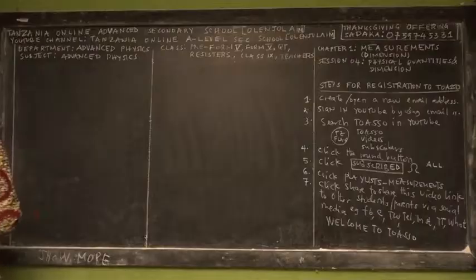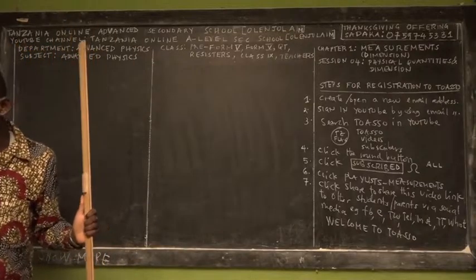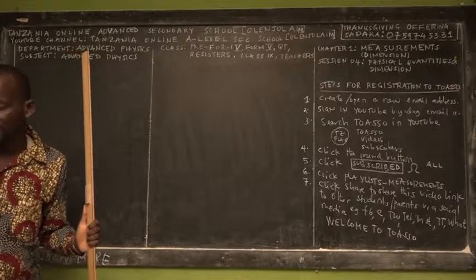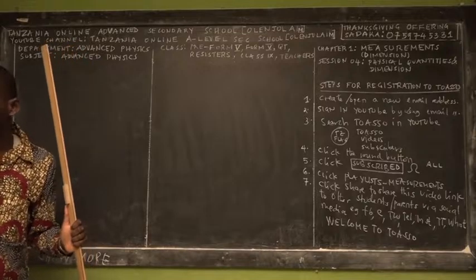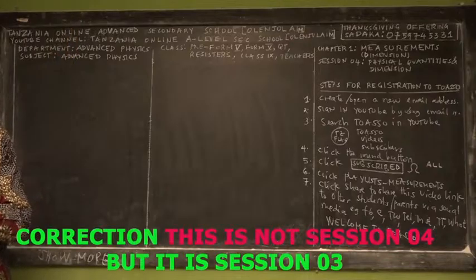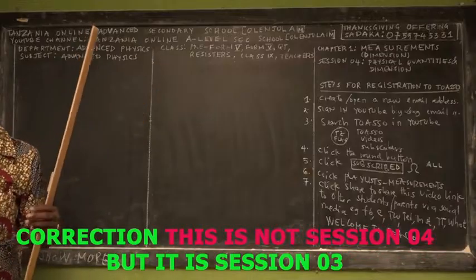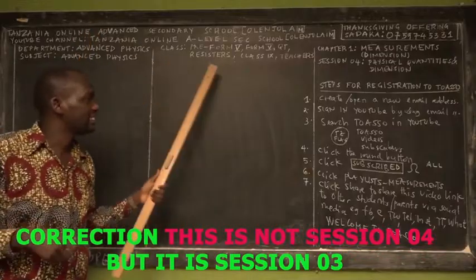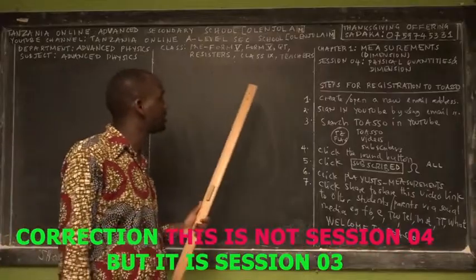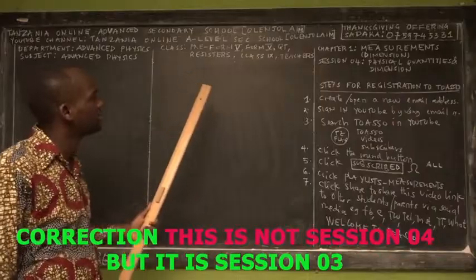So we welcome you into our Department of Advanced Physics. The subject today is called Advanced Physics, and these contents are prepared and dedicated to pre-Form 5 students, also to Form 5 students, Form 6 students, and students reciting the Advanced Physics exam.